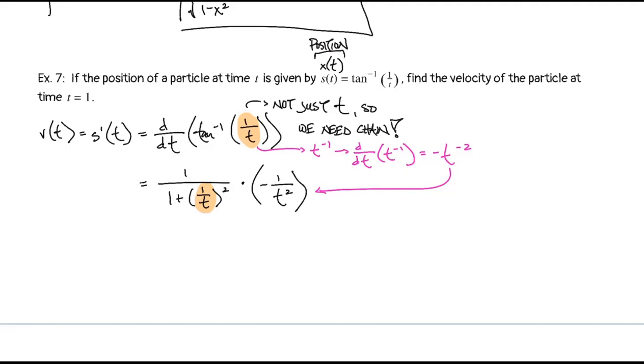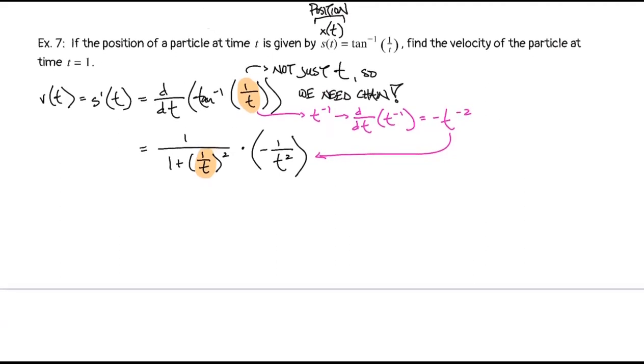All right. We are not done with this problem though. We have one more thing to do. And what is that thing? Plug in 1. Yeah, now we're gonna plug in 1, okay?